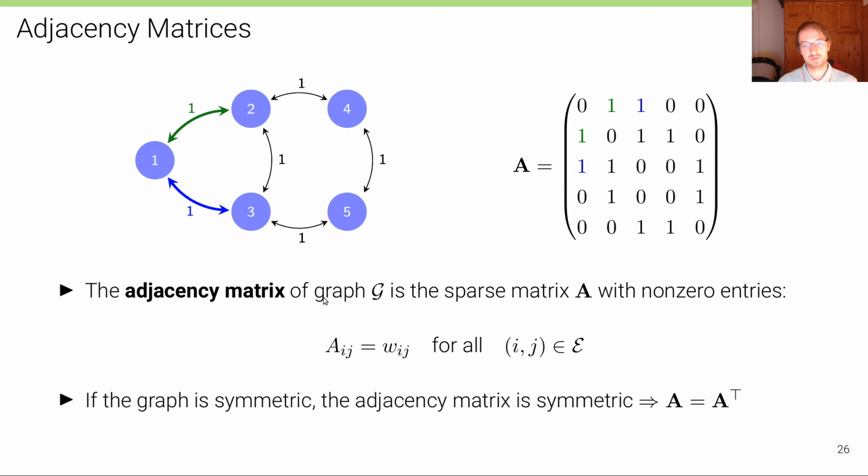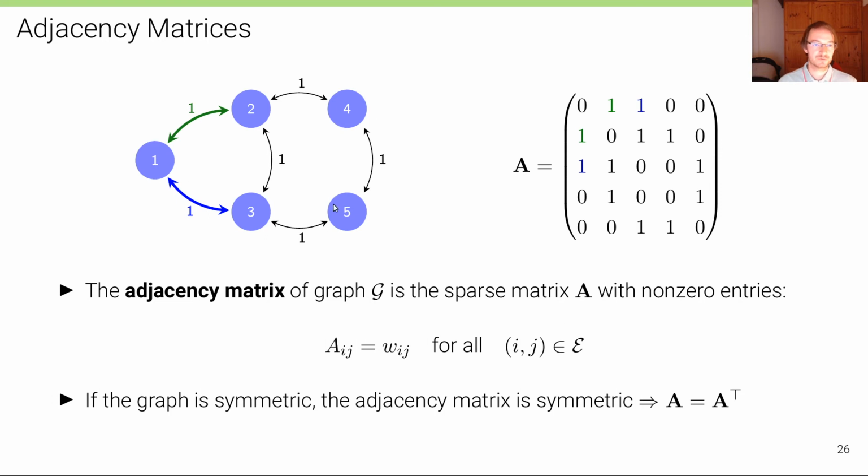And the adjacency matrix of a graph G is then the sparse matrix A with non-zero entries exactly at those elements where we have a weight defined, where we have an edge defined. So Aij, this is indexing into that matrix at element ij, is equal to wij, the edge weight, exactly when we have an edge in the edge set.